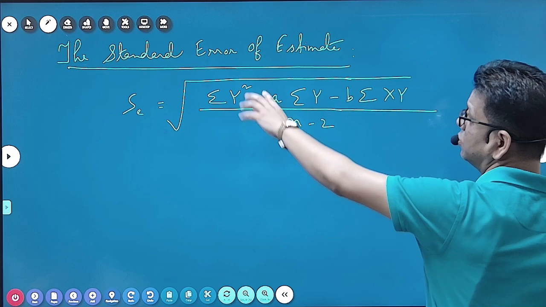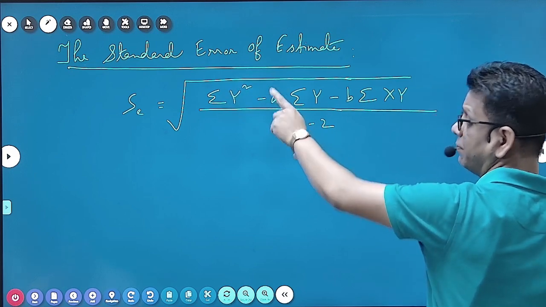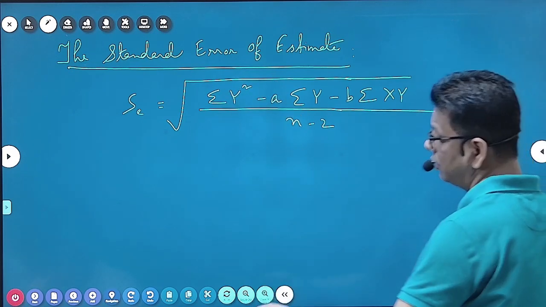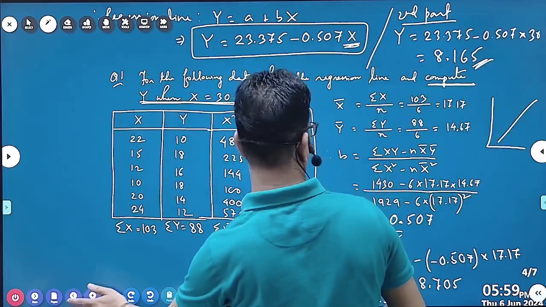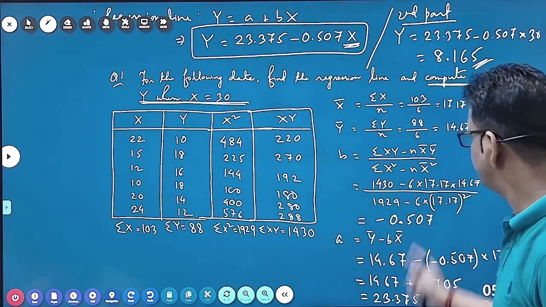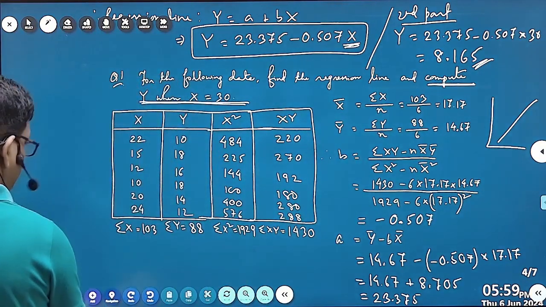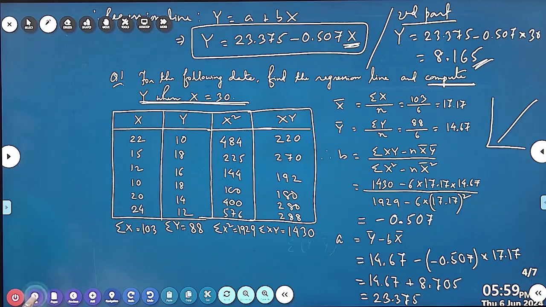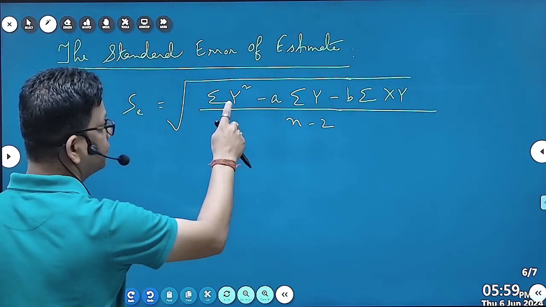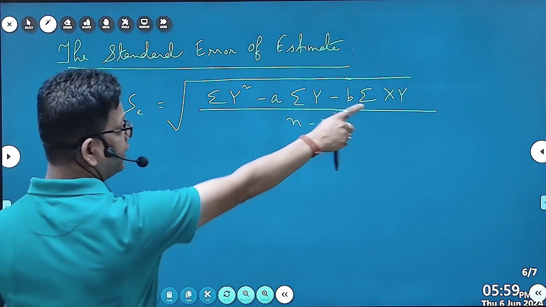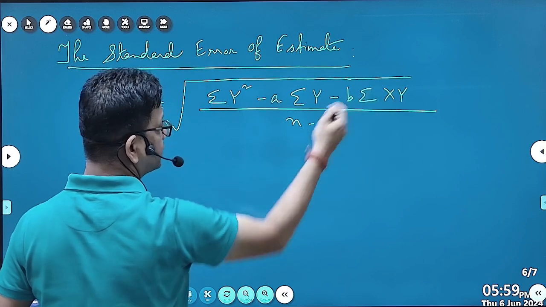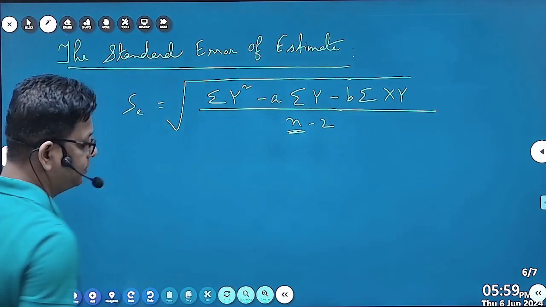To get the standard error of estimate, first you have to find A and B, the way we found it today, and put them in. Also, you need summation of y square, summation of y, and x and y multiplied, then their sum. And n is the number of observations.